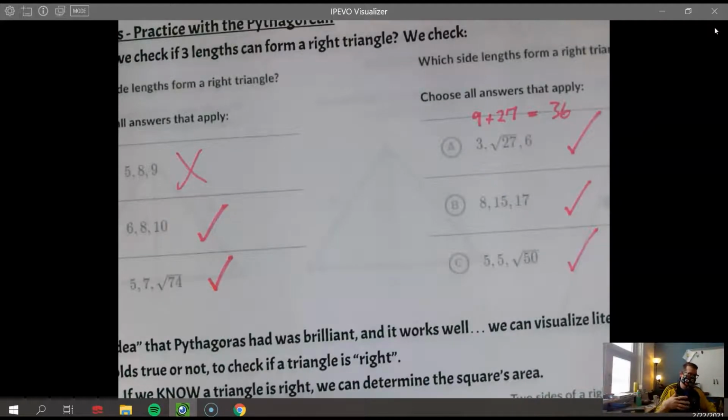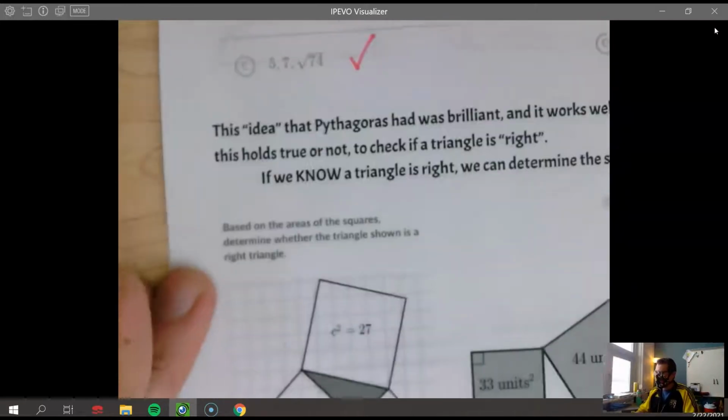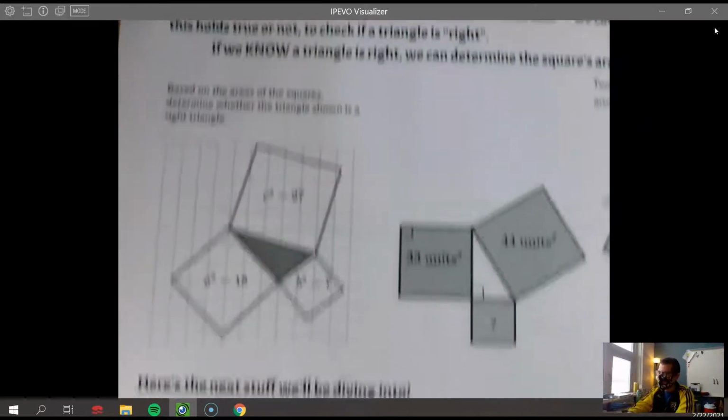Pythagoras had these guys that followed him around, did math with him. So they did this based off squares, right? A squared, B squared, C squared. What they were actually visualizing is area related to these edge lengths.